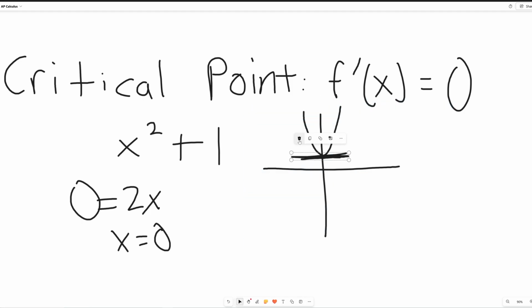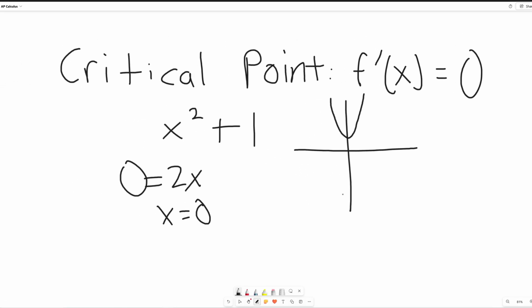So, we can actually define these intervals using critical points.